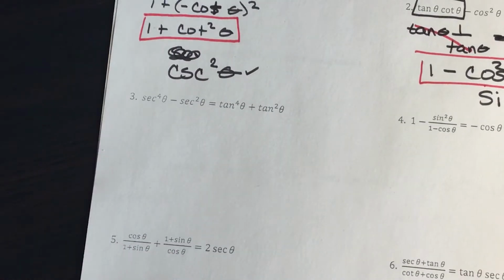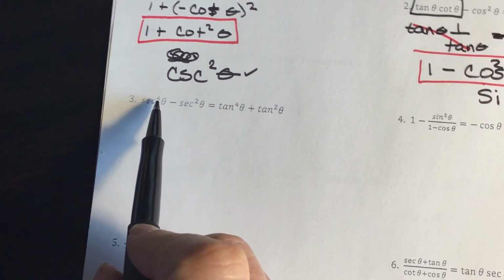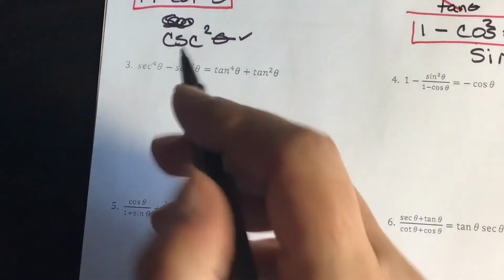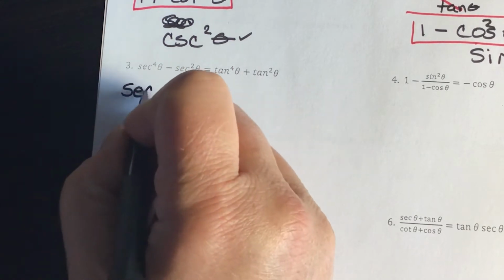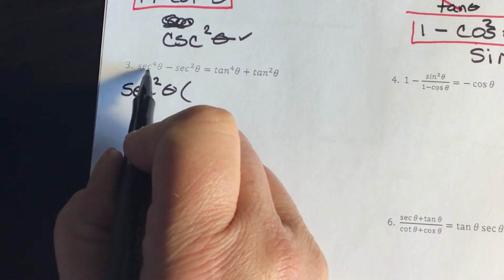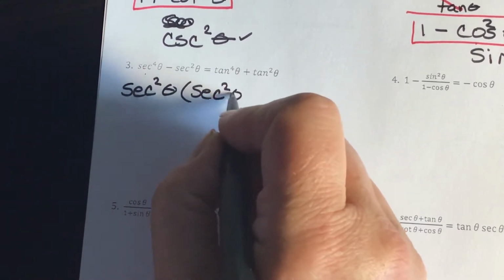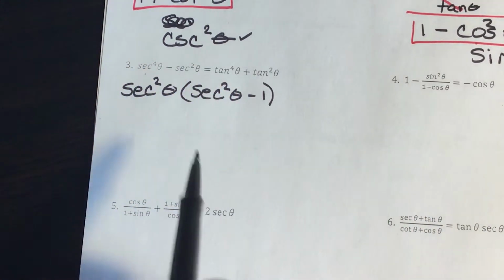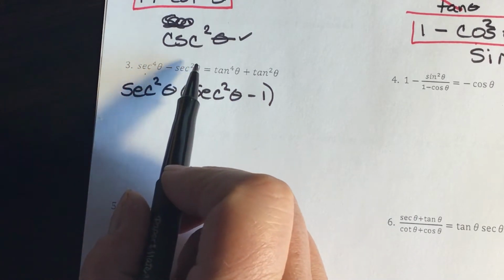Number 3, I'm looking at secant to the 4th power and secant squared. So I'm gonna see if maybe I can factor out a secant squared, and this would be secant squared minus 1. And if I just check with FOIL, I get back to secant 4th minus secant squared.